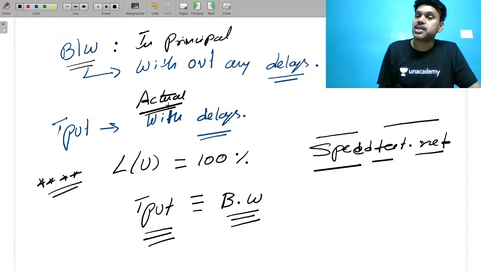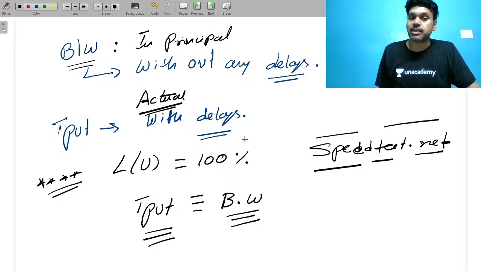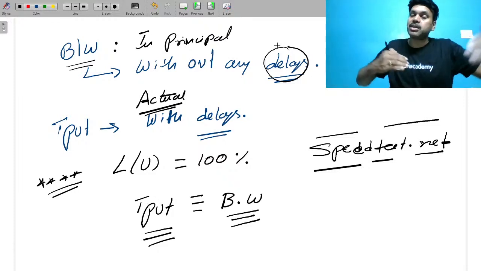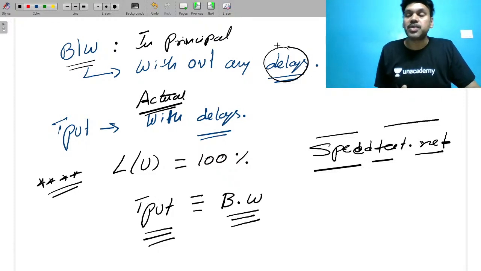Actual bandwidth is nothing but throughput, and the in-principle capacity is your bandwidth of the channel. So now the delays are going to differentiate bandwidth and throughput, so that you will well understand why the throughput is always lesser than or equal to your bandwidth.